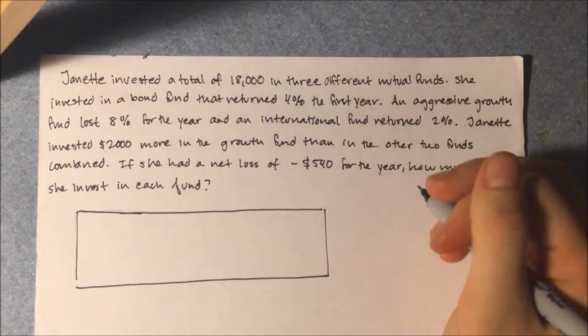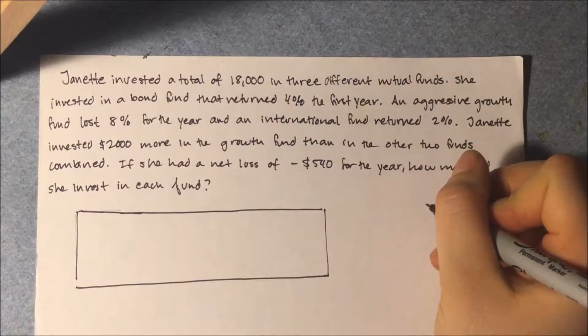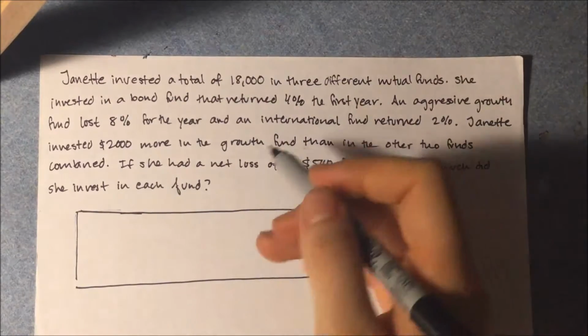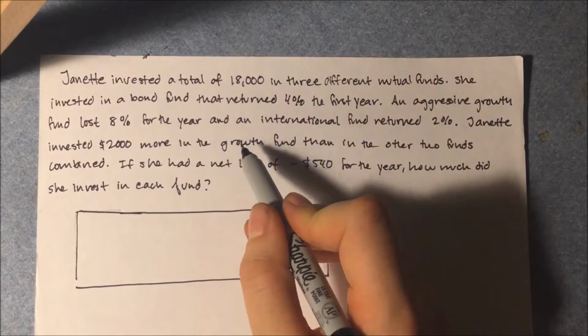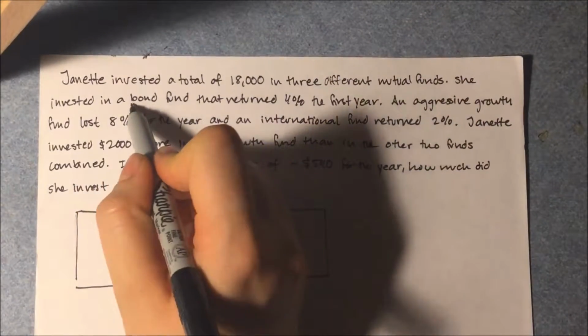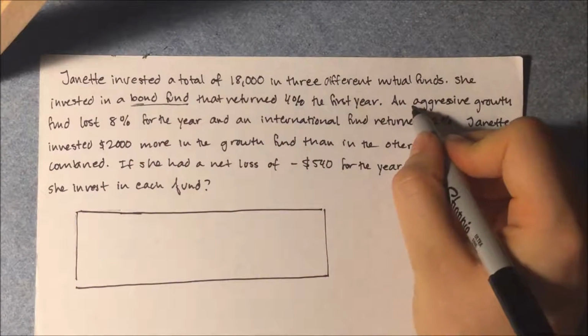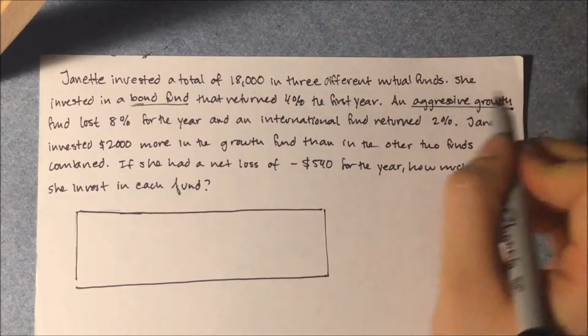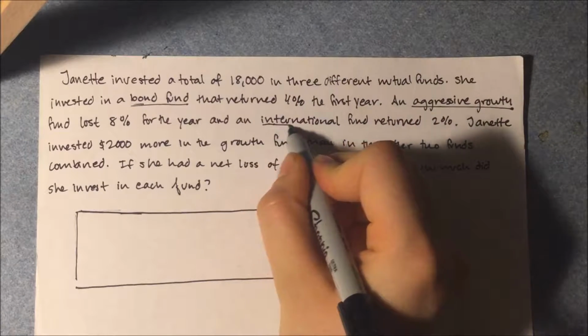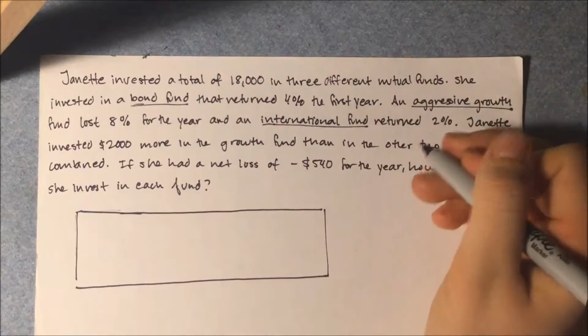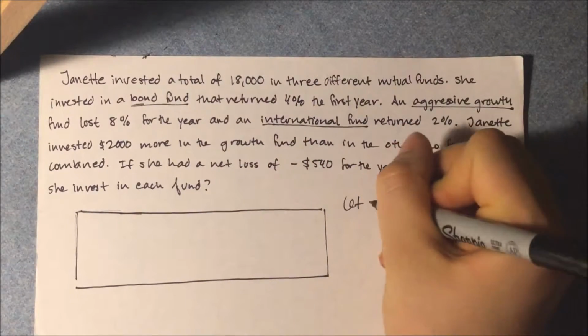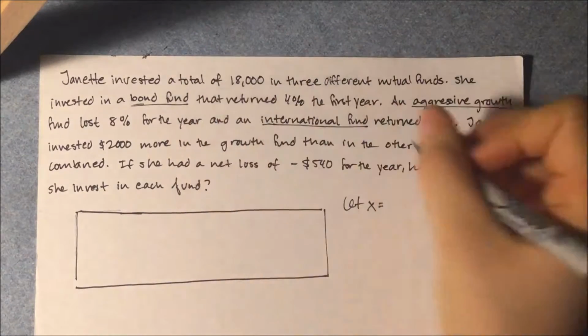So since I need 3 equations, I need 3 variables. And looking at this, she invested in a bond fund, and then she invested in an aggressive growth fund, and third, an international fund. So let X equal, let's say, the bond fund.